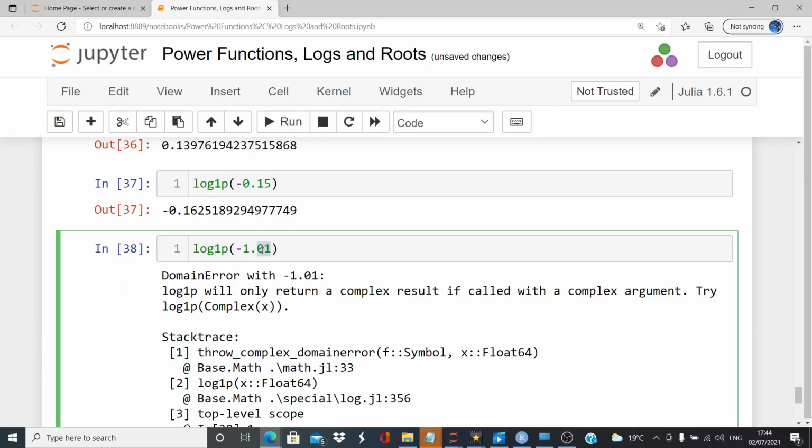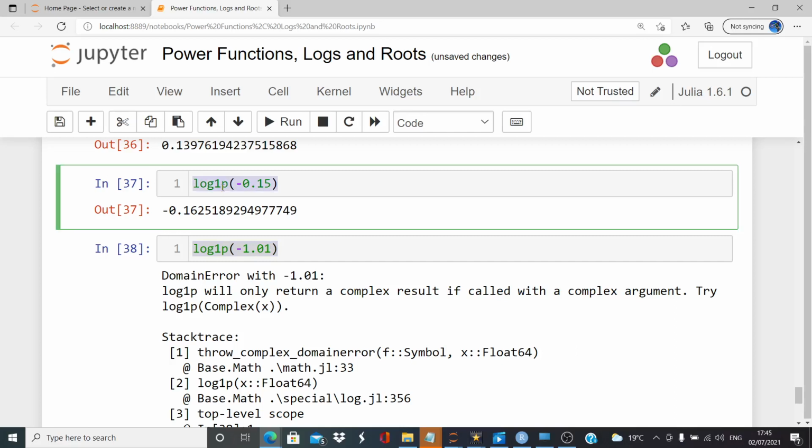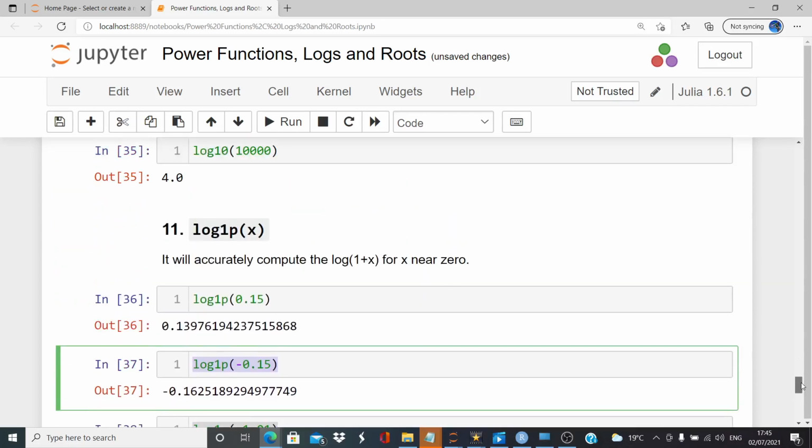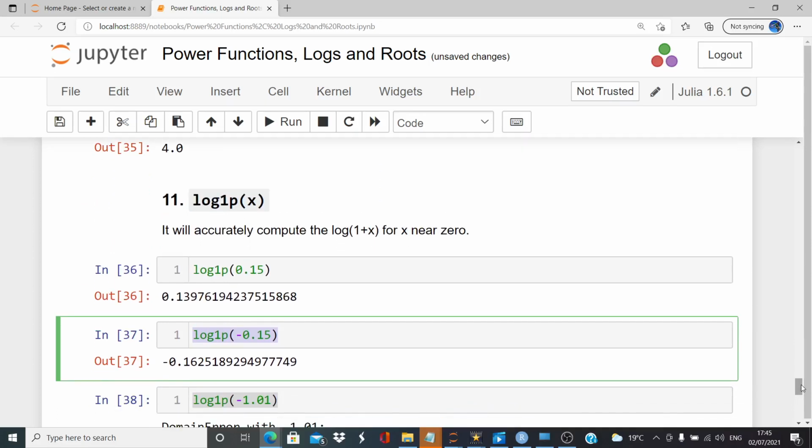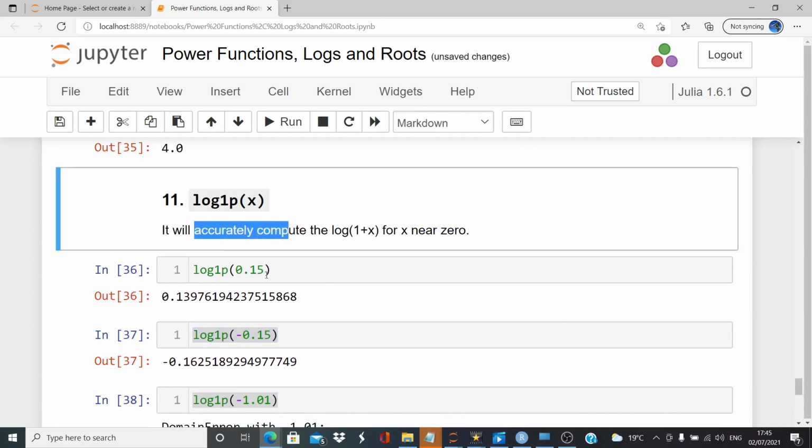The last case will not work because it is minus 1.01, and if you add 1 to that, you still get a negative number. So it does work in this case. Again, it's a bit of a time saver, and I'm guessing there is an algorithm in the background that improves the accuracy, which would be very important.